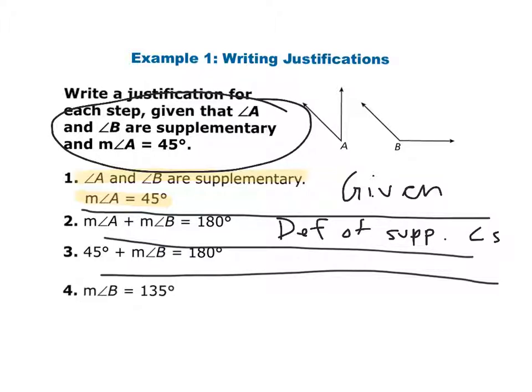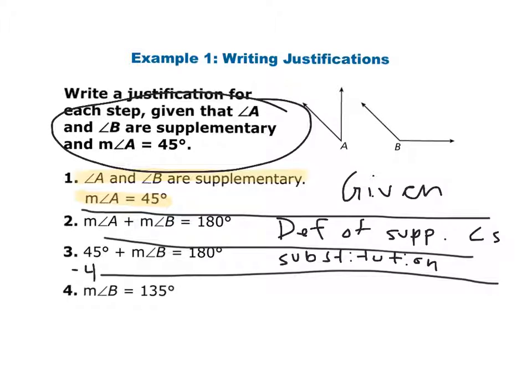Now let's look at step 3. So we have 45 degrees plus the measure of angle B is equal to 180. How did we go from step 2 to step 3? What did we do? We filled in angle A. So we substituted angle A. So the reason would be substitution. Now how would we go from step 3 to step 4? What did you say? Subtraction.